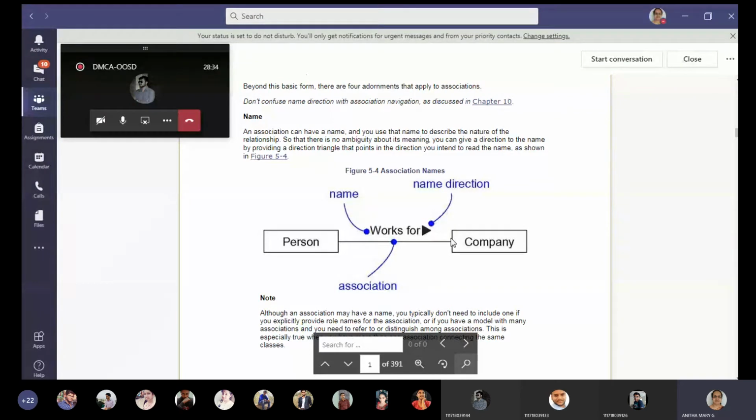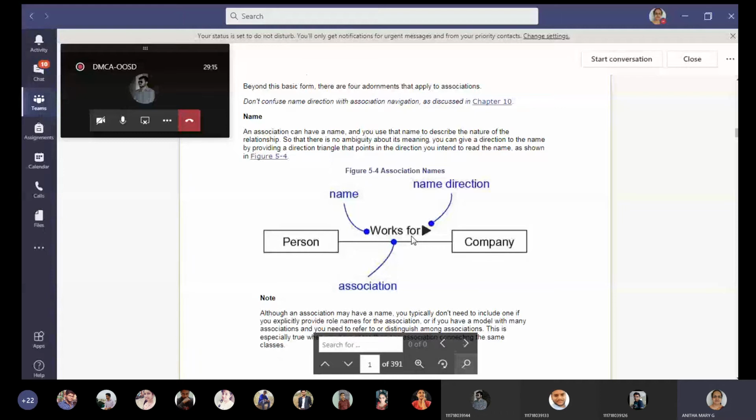When we give an association relationship, it can be made more specific, saying that the person works for the company. I want to give more specific details about how the two classes are related: who is working for whom, what is the job there.